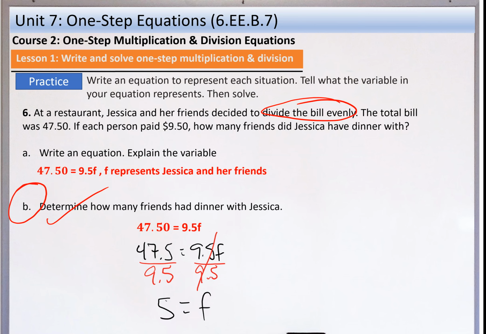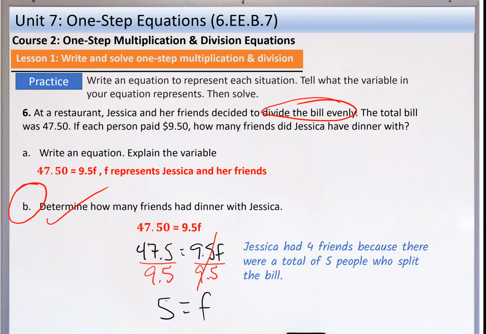But the question said, how many friends did she have dinner with? Well, she had dinner with 4, because she was the 5th person. So the correct answer is Jessica had 4 friends, because the total was split by 5 people. So you have to include her in the 5, which means she had 4 friends.